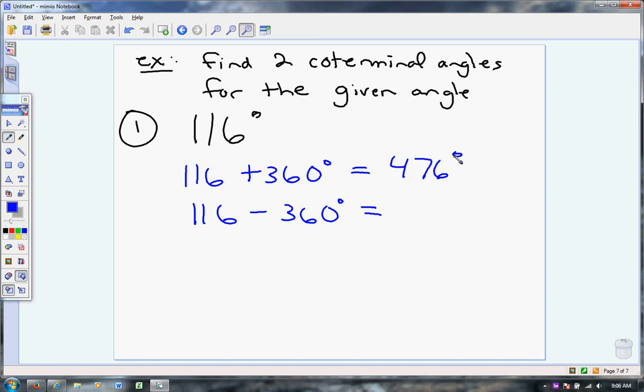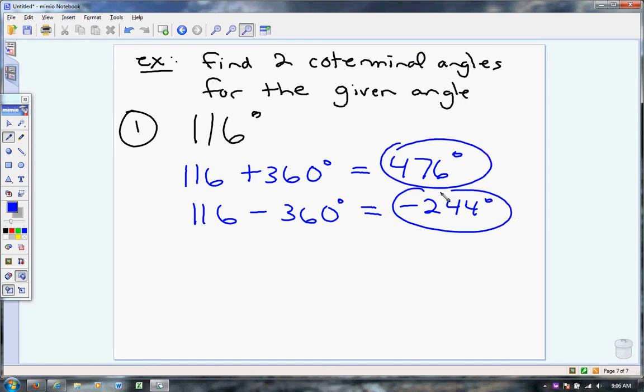And 116 minus 360 is going to be a negative angle, negative 244 degrees.